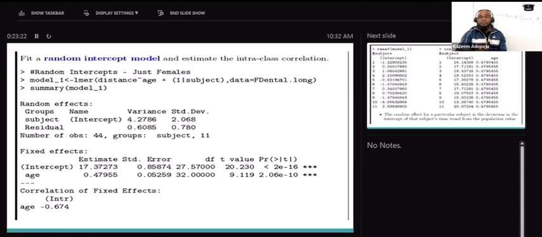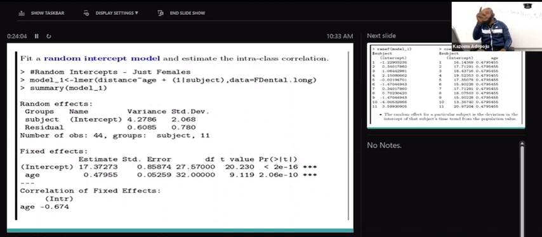Now, if you take a look at the code, module_1, distance is the response. Then I bring in age plus 1, and you're going to see a vertical bar subject. The vertical bar subject is telling you we're making subject a random effect, and the 1 means we're assuming a random effect for the intercept.